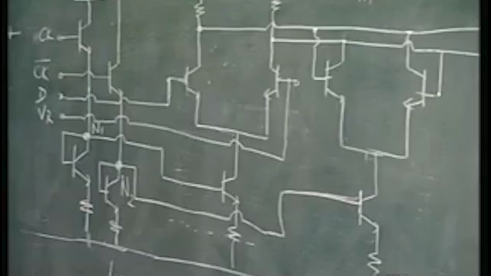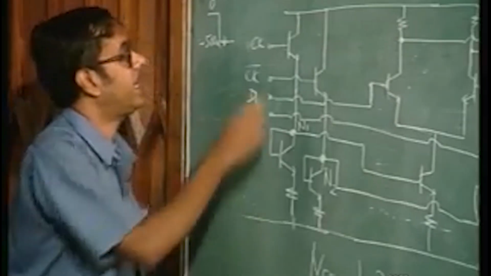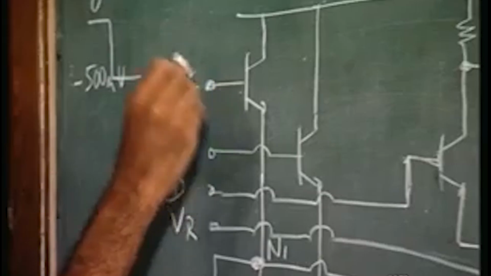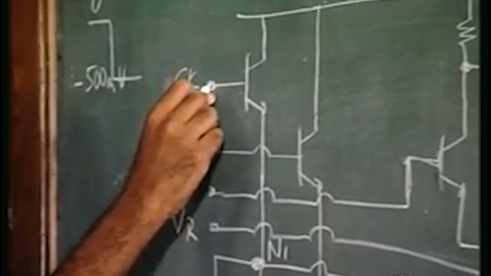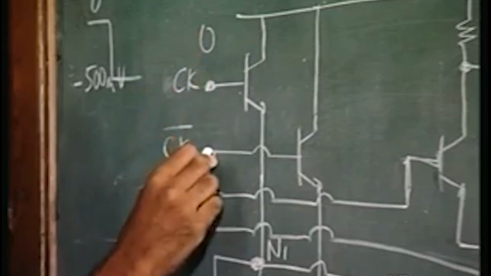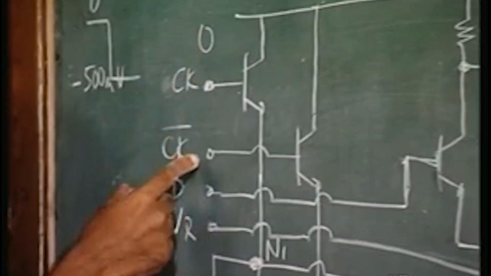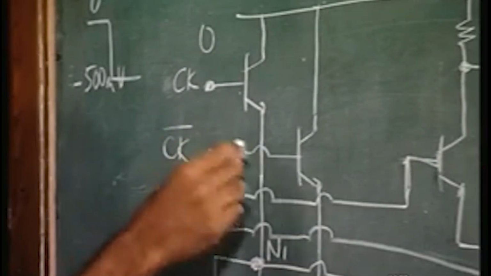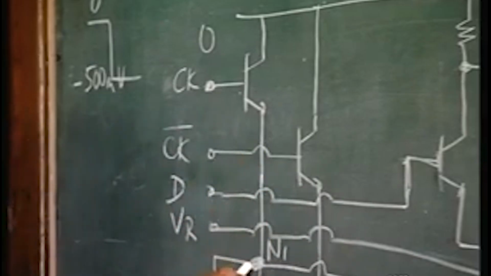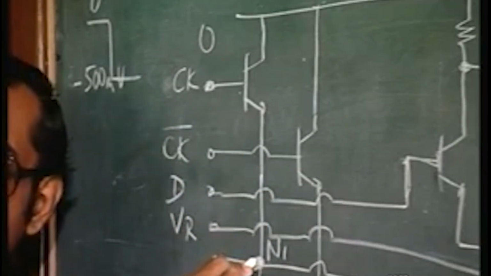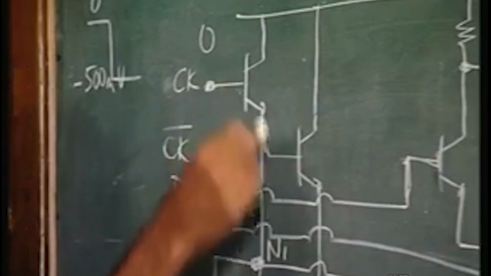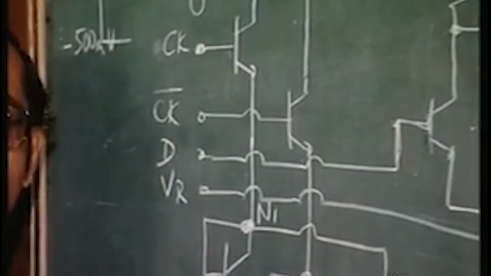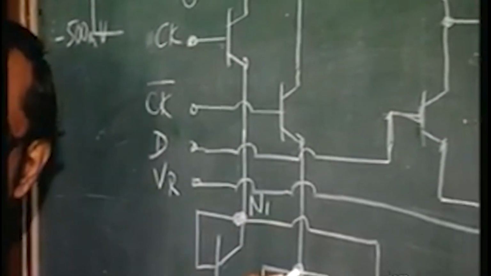So say if the clock is high, that means here the voltage is 0 volts, and clock bar is low, that is minus 500 millivolts. Then the voltage at node N1 is going to be high, because it is basically level shifting here, and the voltage at node N2 is going to be low.